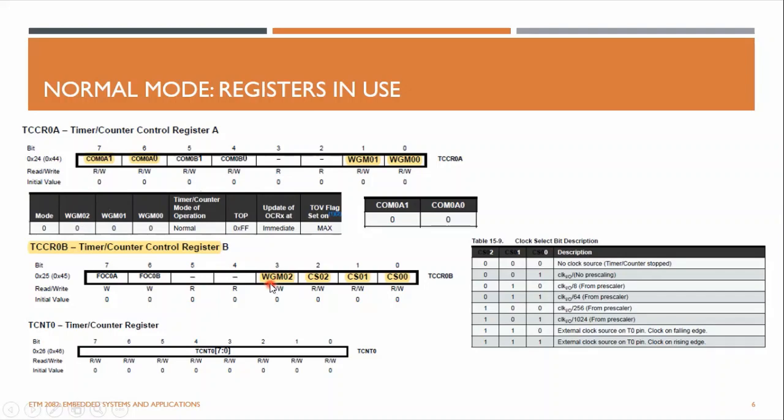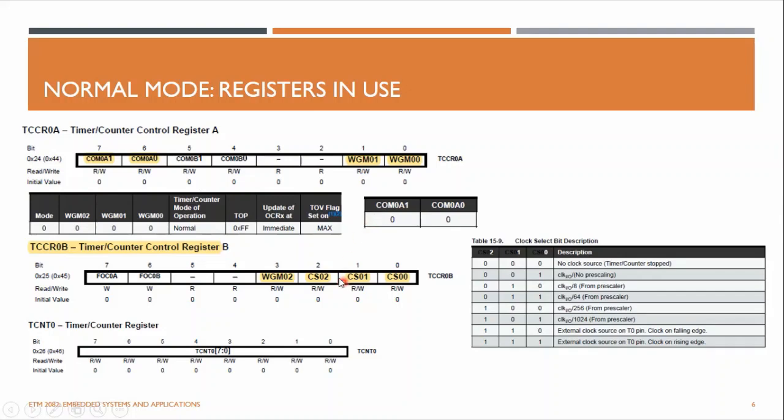Again, that should always be 0. So in normal mode, every bit is 0. If you want to set this timer to normal mode, everything will be zeros, which is the default, so you don't need to worry about setting anything. And COM01 and COM00 should be 0, right?